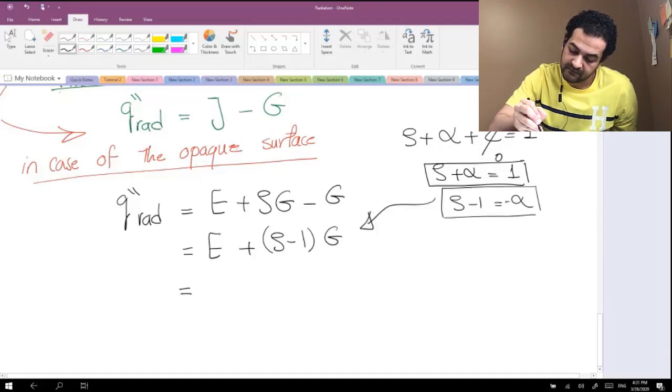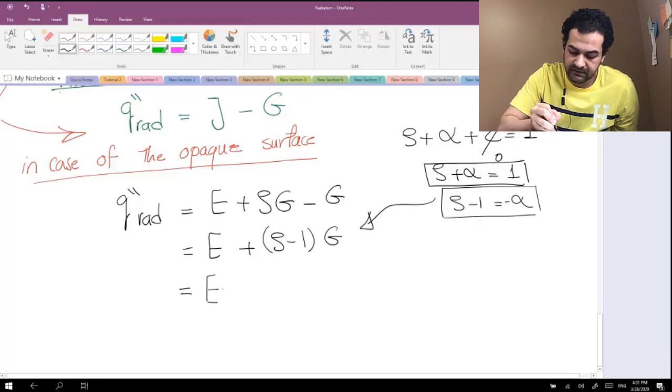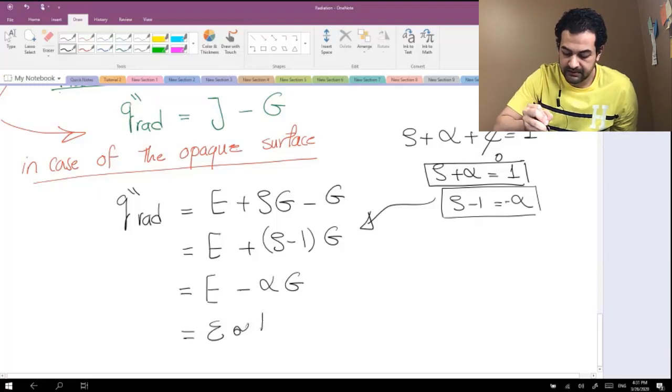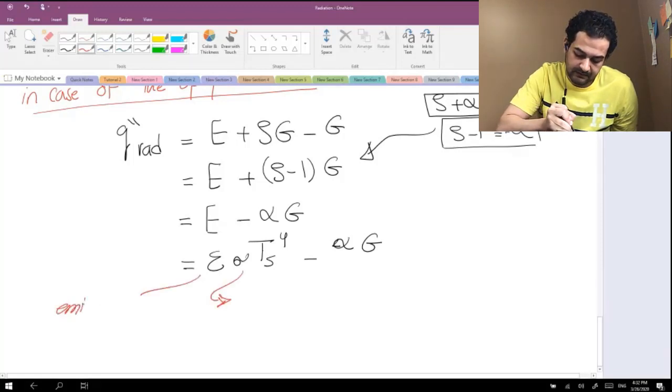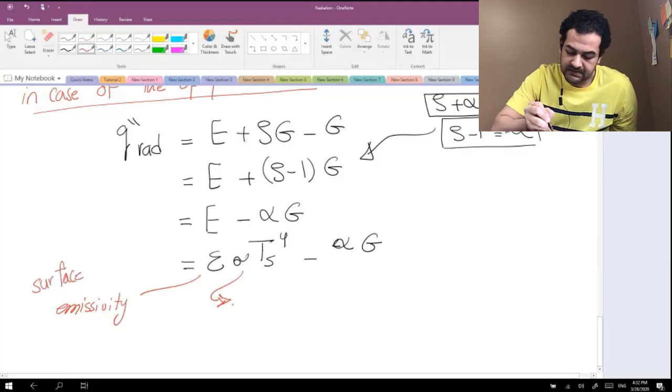So if we substitute that here, it is going to be E minus alpha G, or epsilon sigma Ts to the power 4 minus alpha G. So epsilon is the surface emissivity, and sigma is the Stefan-Boltzmann constant.